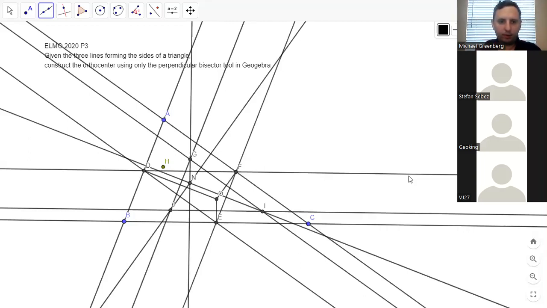So I'm kind of still wondering. AM passes the reflection of O across BC.